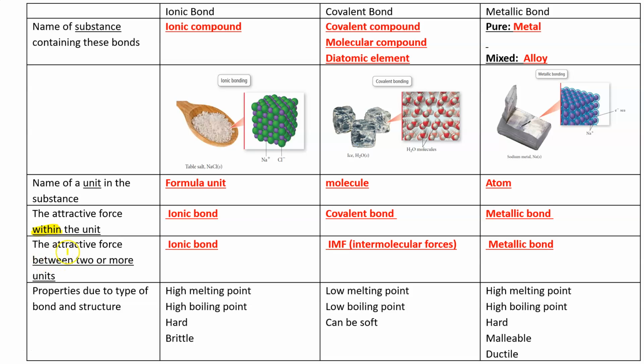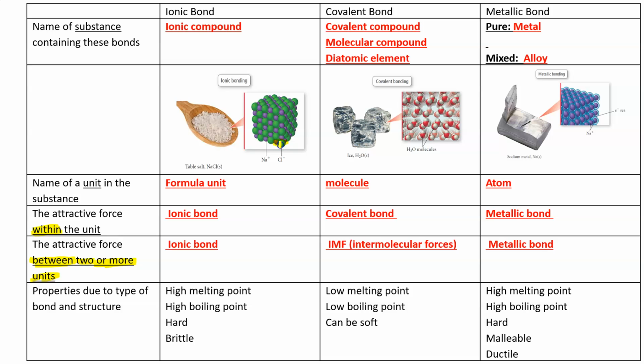But then we talk about the attractive force between two or more units. So if I were to just highlight 2 units, or 1 unit, so that's the purple one here and the green one there, just sodium and chlorine.